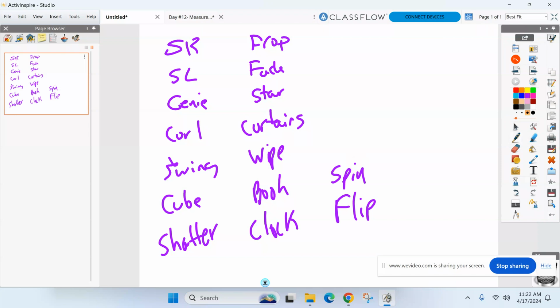All right, here we go. Spin. Two spins, flips, clock, book, wipe, curtains, star, fade, drop, shatters, cube, swing, curl, genie, slide left, slide right.